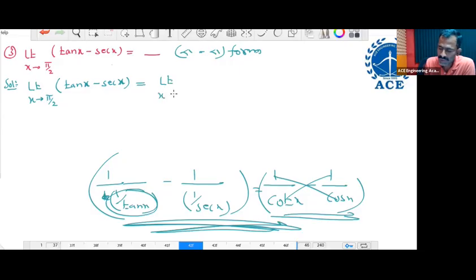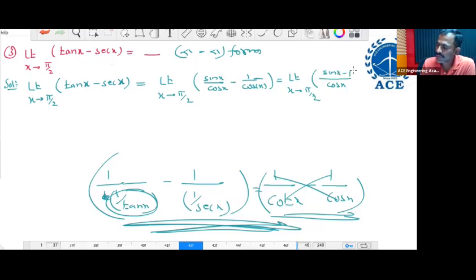Limit x tends to pi by 2. Tan in terms of sine and cos is sin x by cos x, minus secant is 1 by cos x. This is equal to limit x tends to pi by 2 of, the denominator is the same cos x, and in the numerator sin x minus 1.